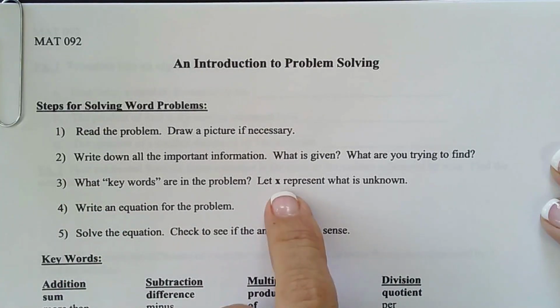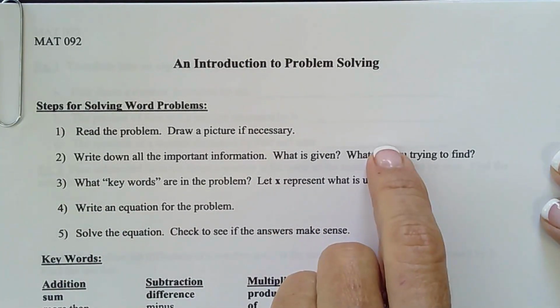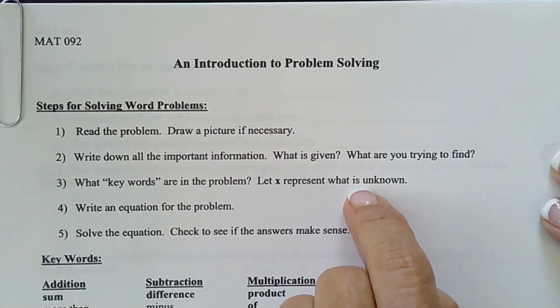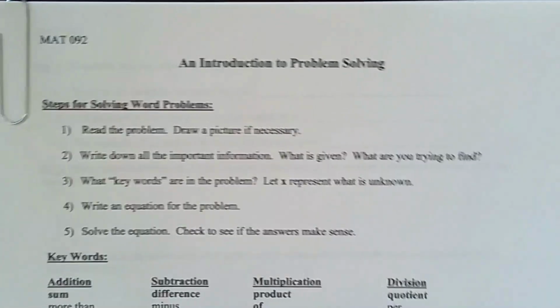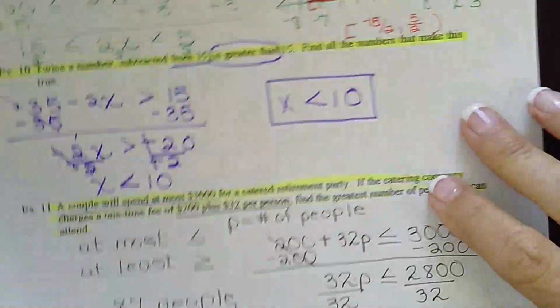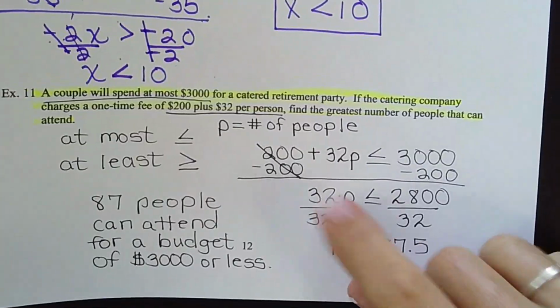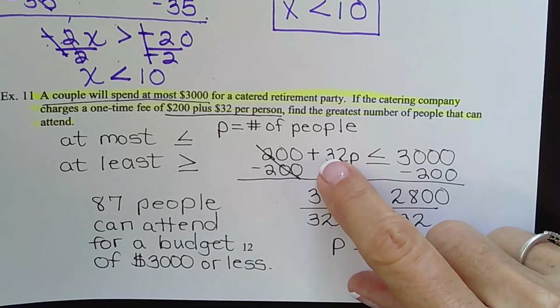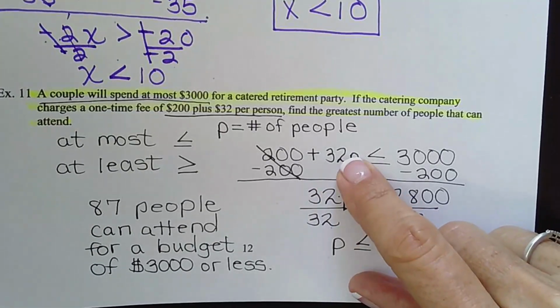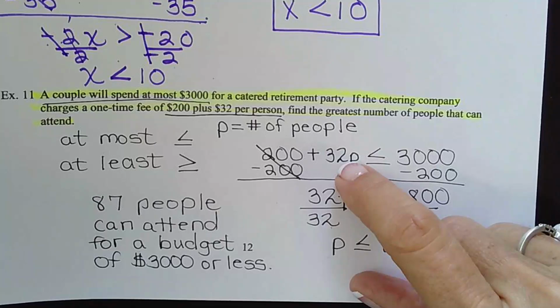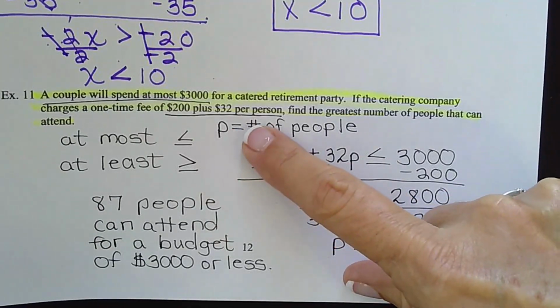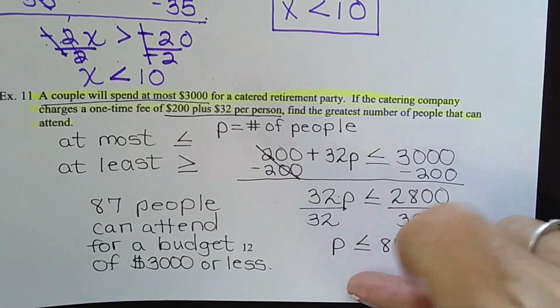Then you write your variable statement after you know what you're trying to find, just like we did on the last video when we were doing the word problems. We found that we were trying to find the number of people, so $32 times every person. So the minute I wrote it there, I went up there and said P equals number of people.